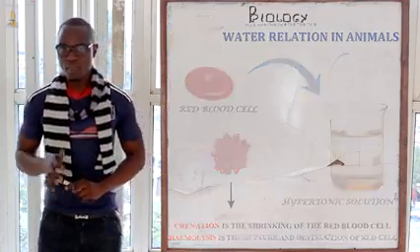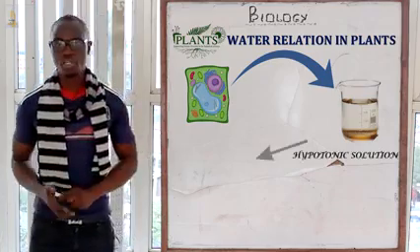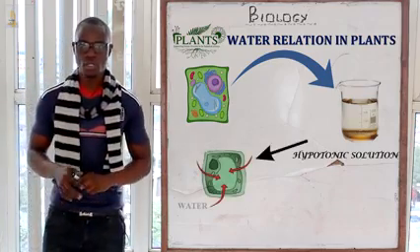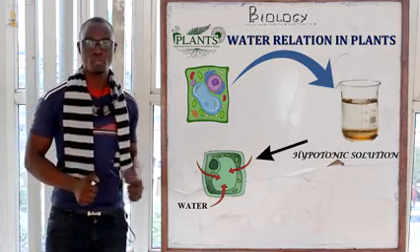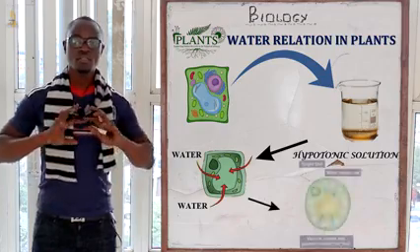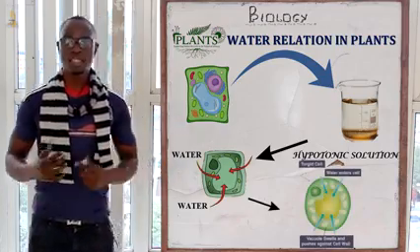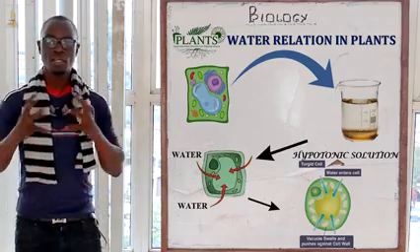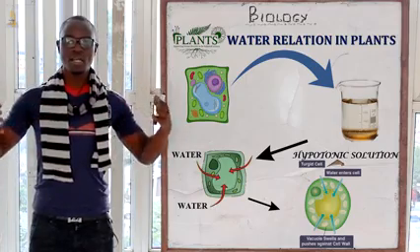So let's look at the plant cell. What happens when we take a plant cell and place it in hypotonic solution? The plant cell will absorb water and then it will swell. The water that the plant cell absorbs will enter the vacuole. The vacuole will enlarge and expand towards the cell wall.